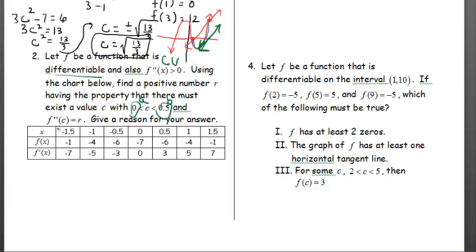Well, because I'm needing to find the second derivative, the average rate of change of the first derivative are the values that we're going to use. So it's just a modified version of the mean value theorem. So the average rate of change between the two y values on the derivative graph. So this is what the formula looks like.